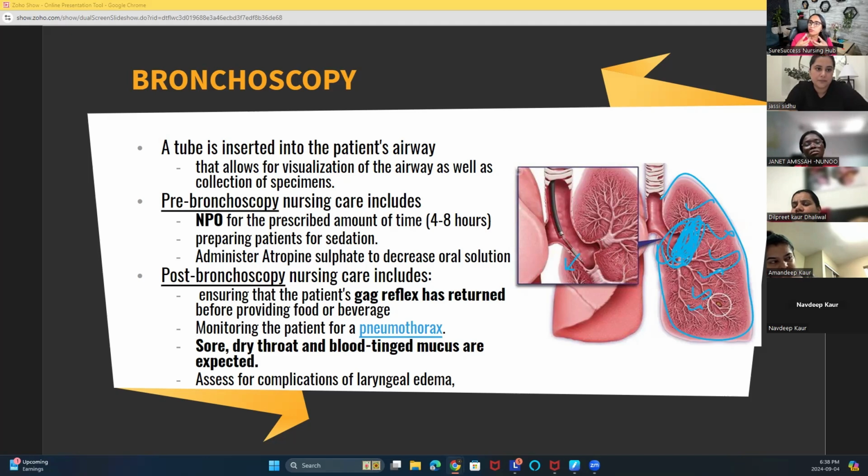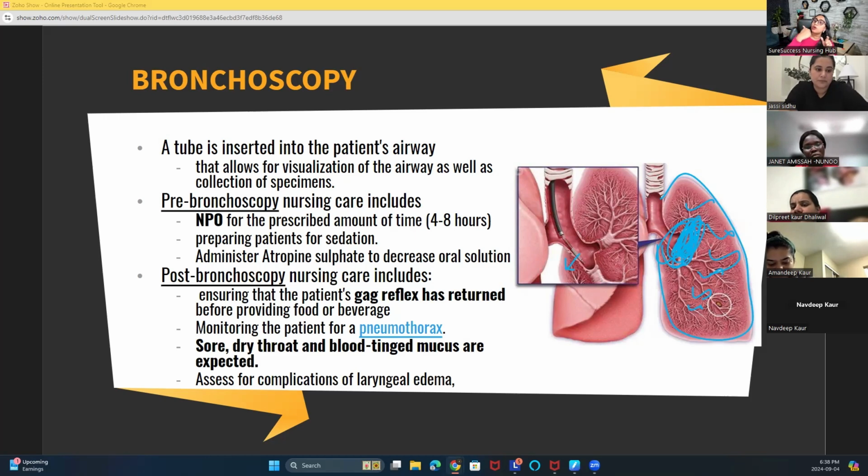If I'm having a lot of yellowish sputum, there is a little tinge of blood. Does it mean that I'm bleeding heavily? No. Make sure blood-tinged doesn't mean he's hemorrhaging. It is expected.